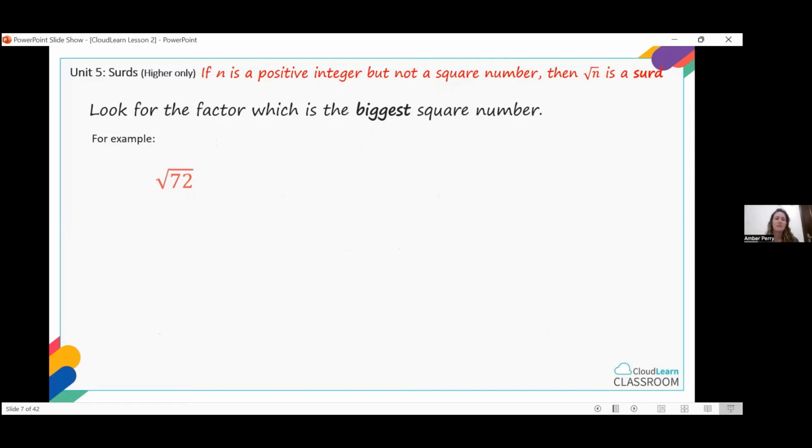So if we break 72 down into 36 multiplied by 2, we can take the square root of 36 and the square root of 2. The square root of 36 is not a surd because that's just 6, and the square root of 2 is a surd, so we've got 6 root 2. Okay.